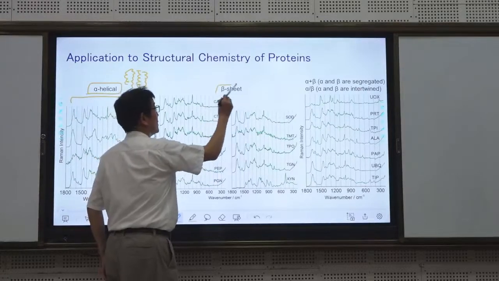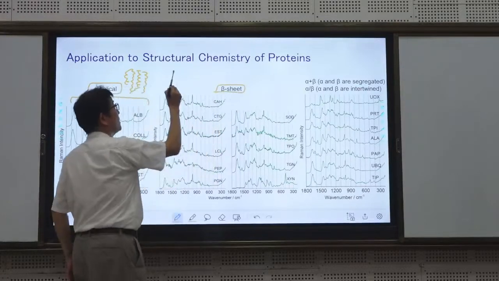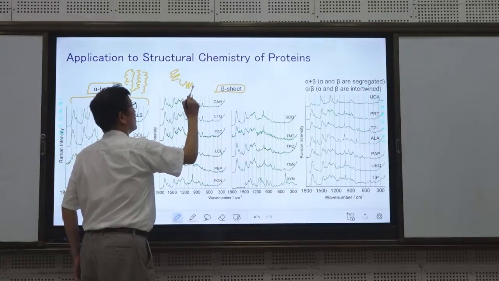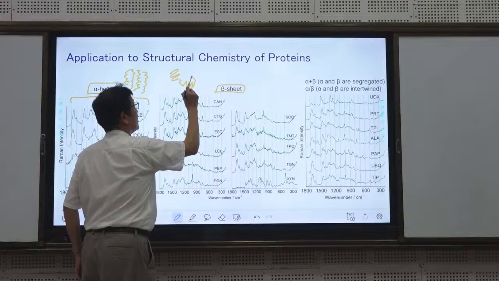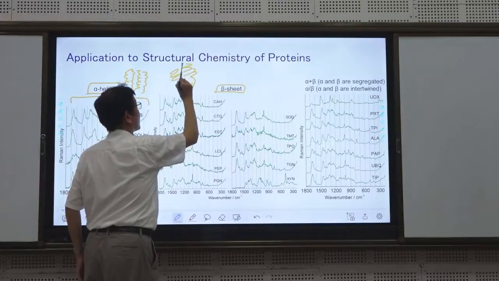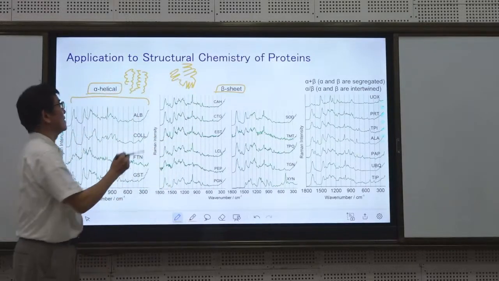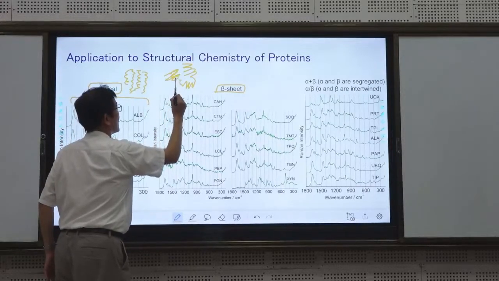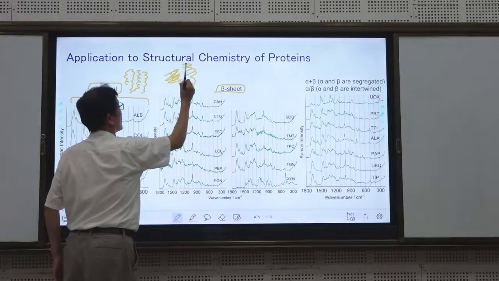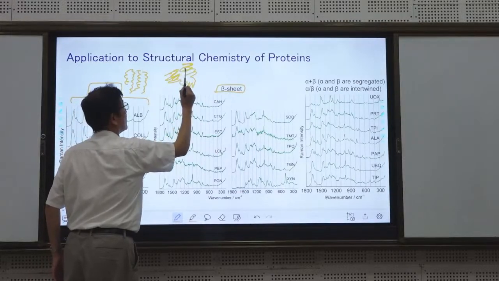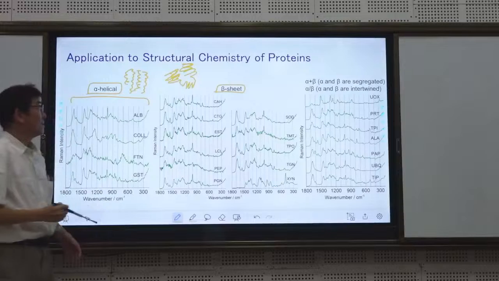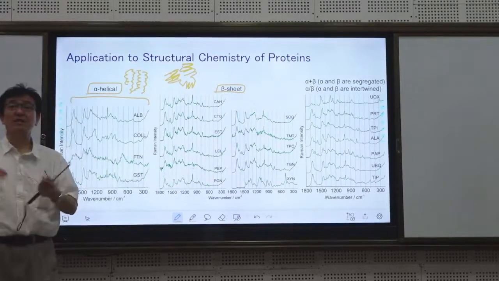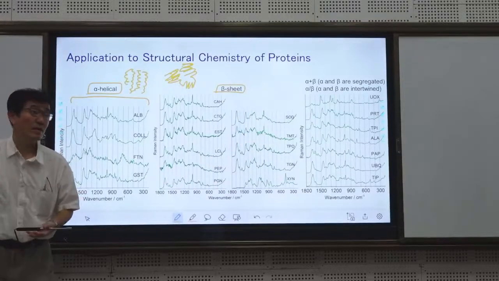The second group is beta sheet rich protein. This is not correct, but please understand this is the beta sheet, not the helix. So there is a group of proteins that contains a large amount of beta sheet.